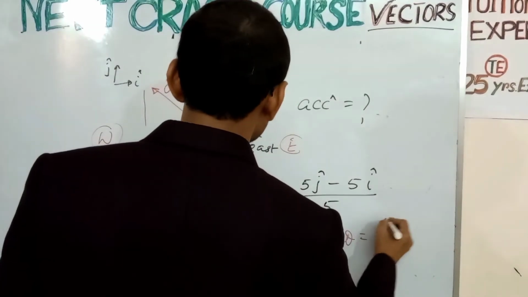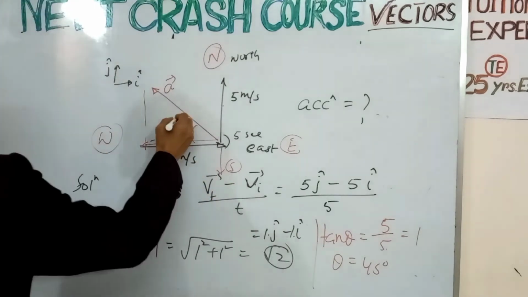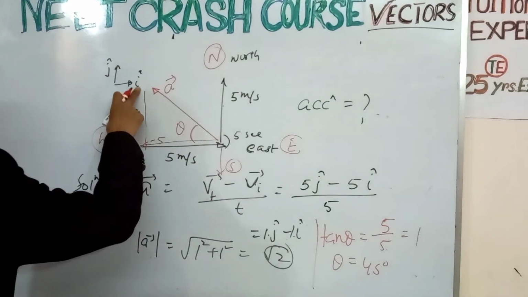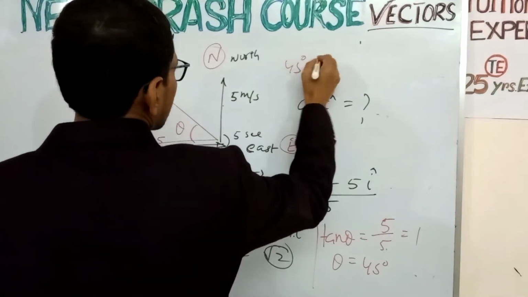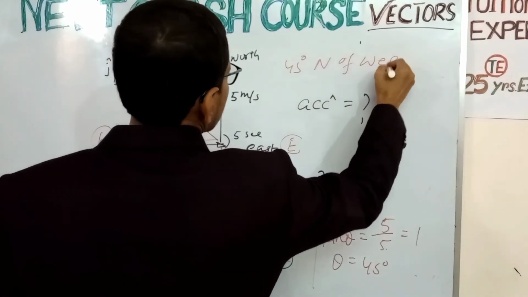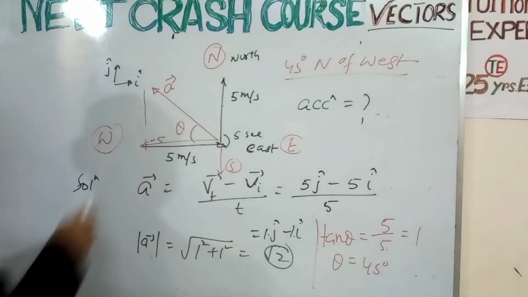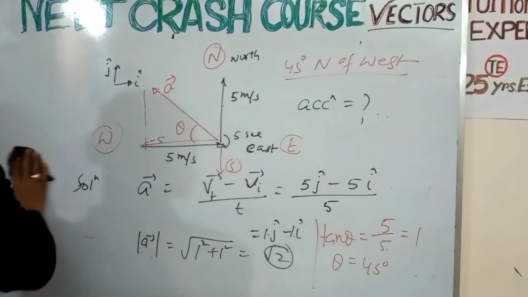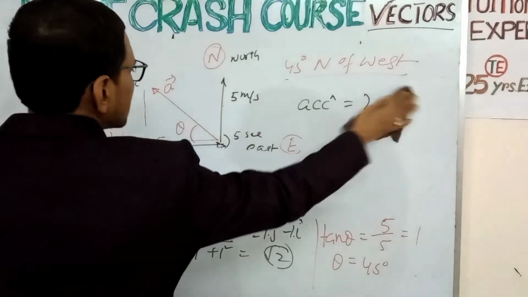Perpendicular is 5, base is 5, that is 1, so theta equals 45 degree. Now 45 degree means north of west. So the magnitude is this and the direction is 45 degree north of west.